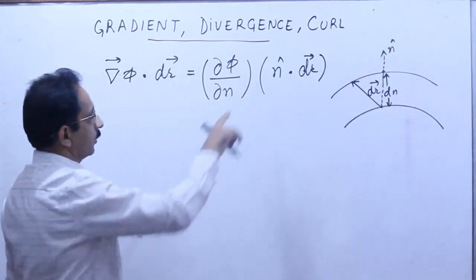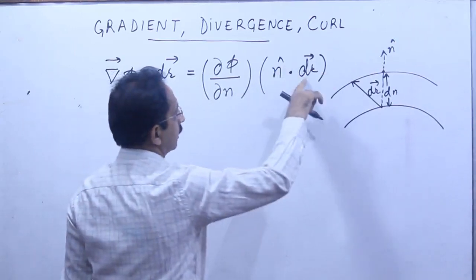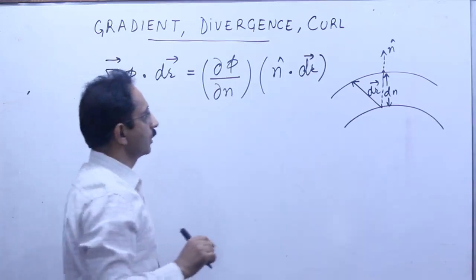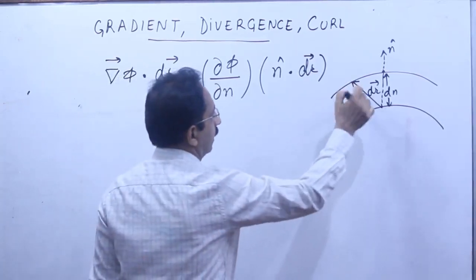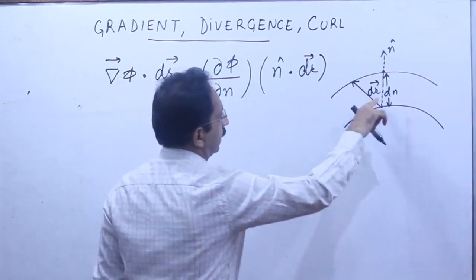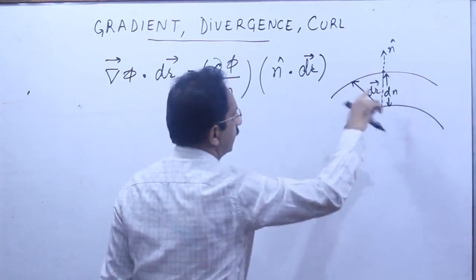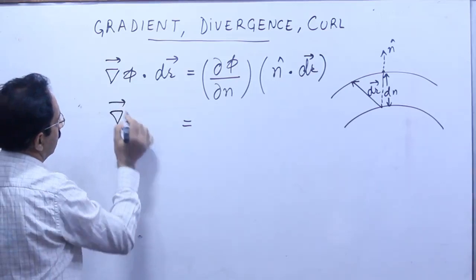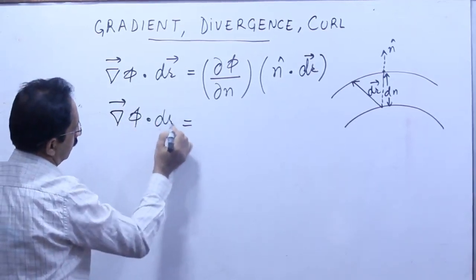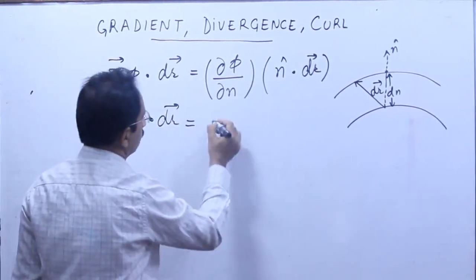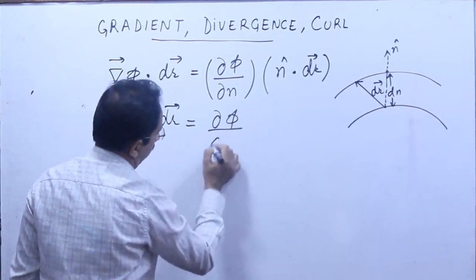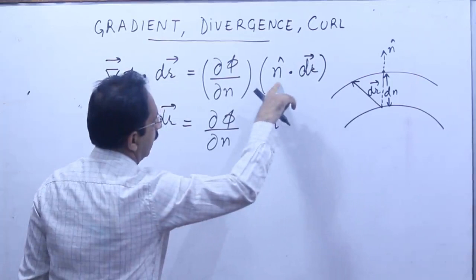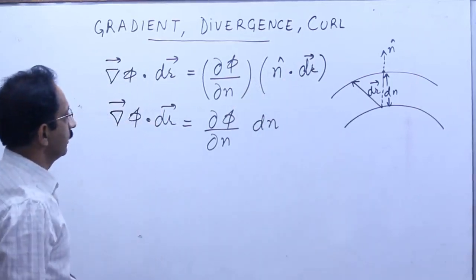So this dot product n cap dot dr, or dr dot n cap, because it is a commutative product, would be the component of dr in the direction of dn. So that will be equal to dn. So I can say that del phi dot dr is equal to dou phi by dou n into dn, because n cap dot dr is dn.